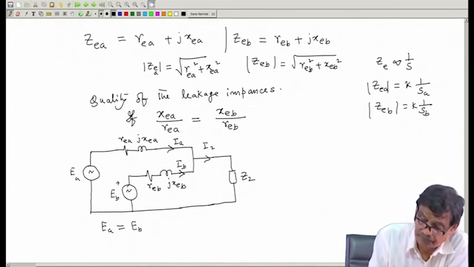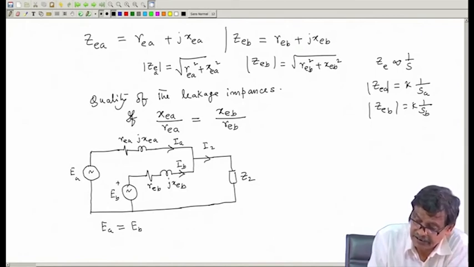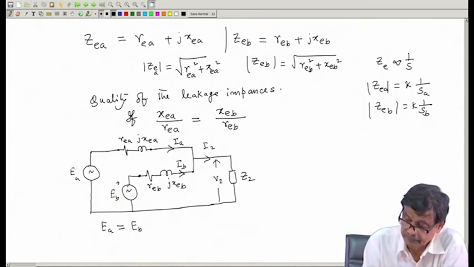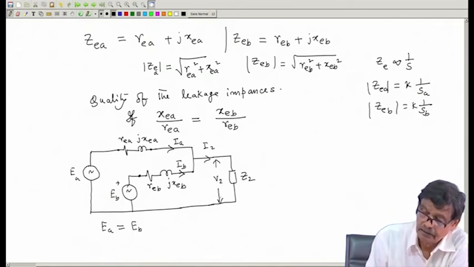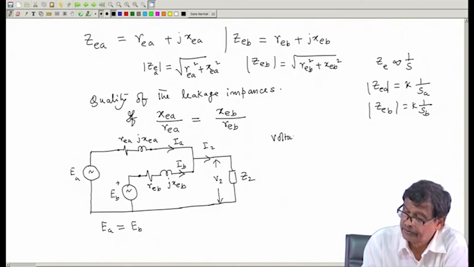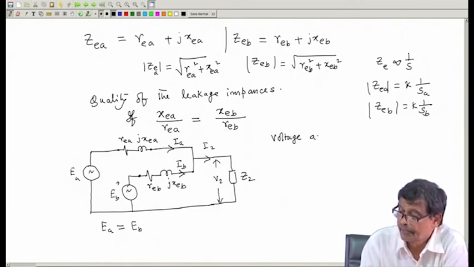Now, the voltage across each of the impedances I will calculate. This voltage is suppose V2. Then what is the voltage across JDA?